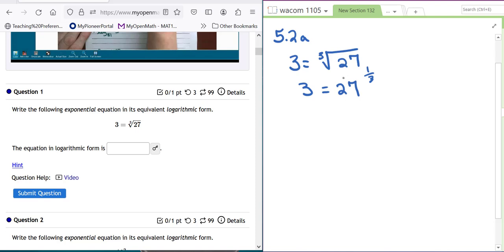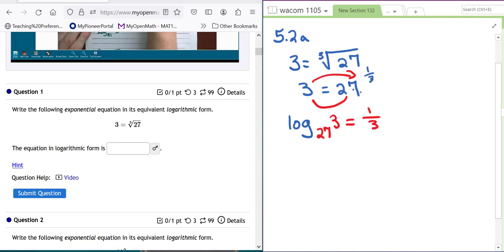Your base will be the same. So it's going to be the log base b. You're going to spiral around the equals. Your base is the same, of 3 equals, the exponent is the answer.